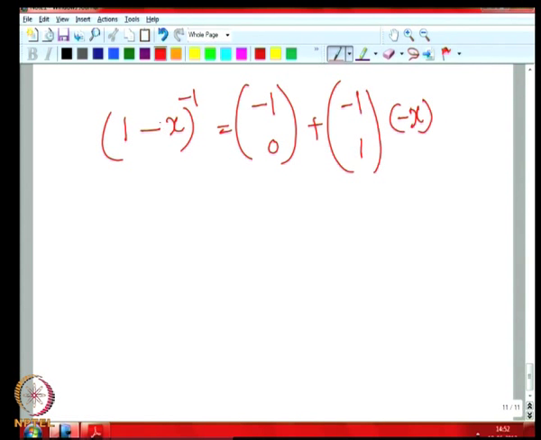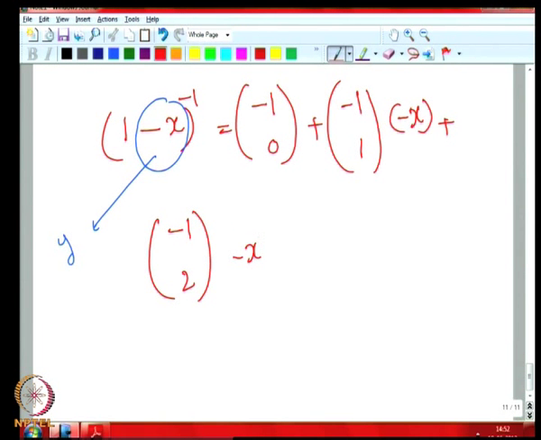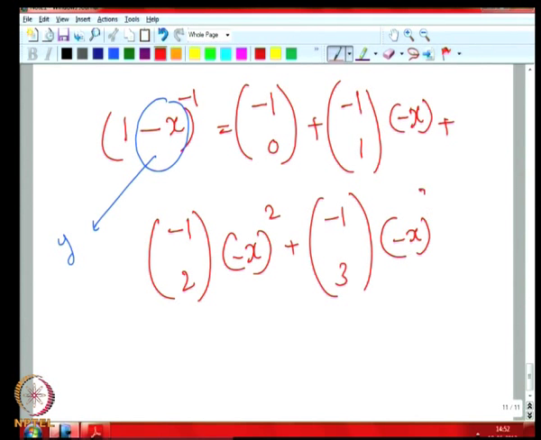Here if you want to replace this with a y, you can get the earlier expression and substitute minus x in that. So, rather than going roundabout, we directly write it: minus 1 choose 2 minus x square plus minus 1 choose 3 minus x cube and so on.